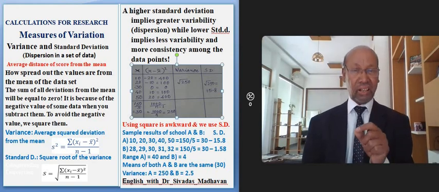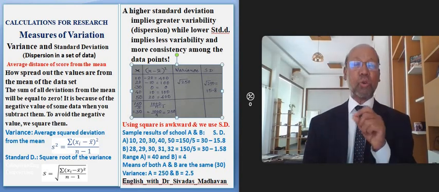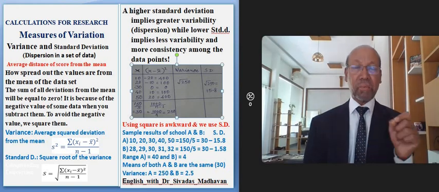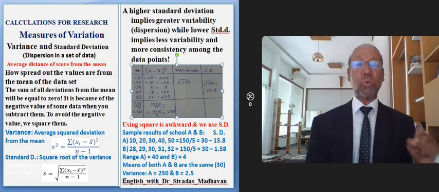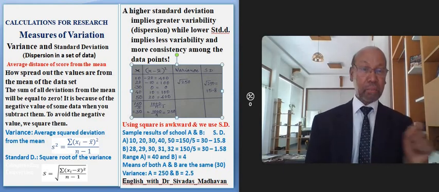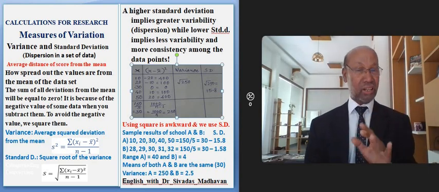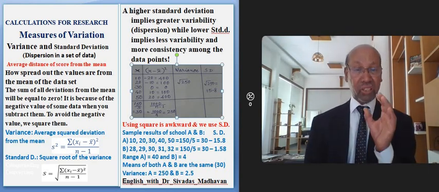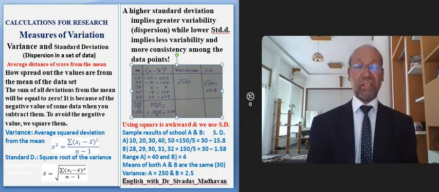That is the equation. S square equals, that is variance. The formula for variance is S square equals sigma x minus x bar all square divided by n minus 1. So n minus 1 means total number minus 1. Here the total number is 5, so it will be 4 because 1 is subtracted, n minus 1.